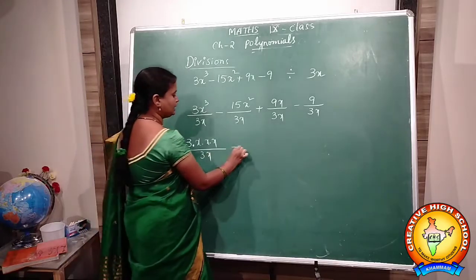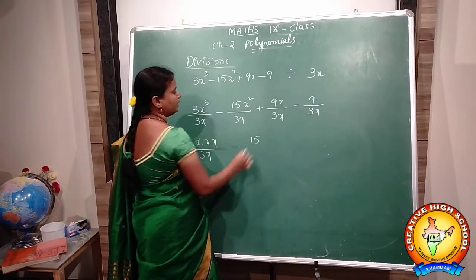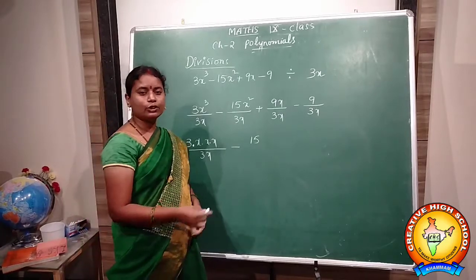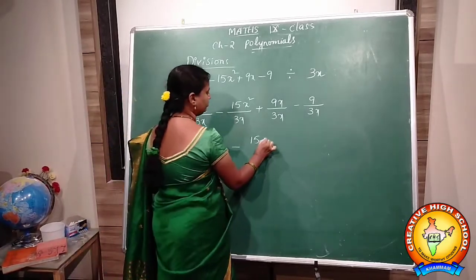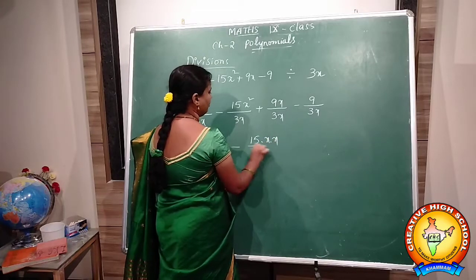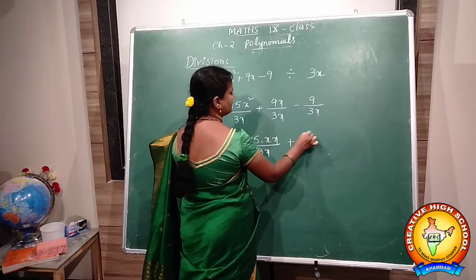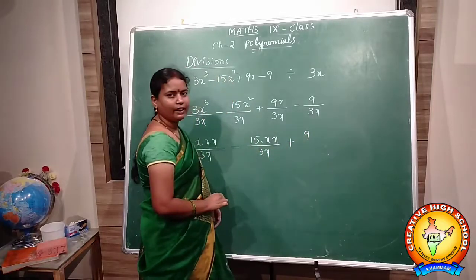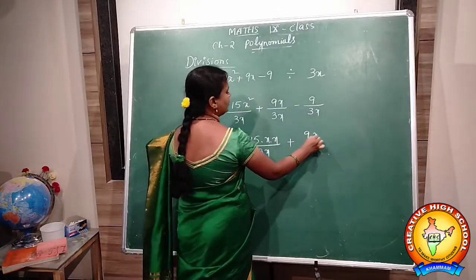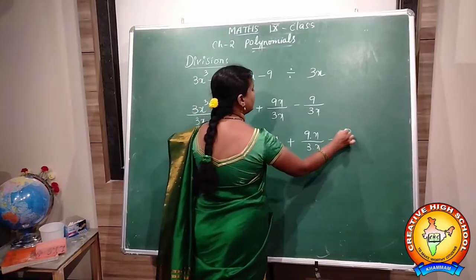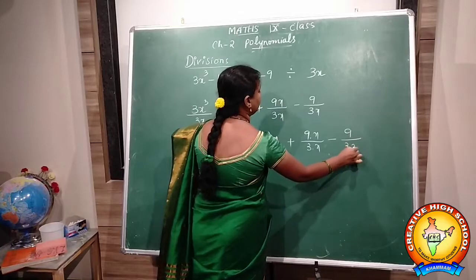Minus 15, x square means x into x, by 3 into x, plus 9. Here only one x is there. 9 into x by 3 into x, minus 9 by 3x.